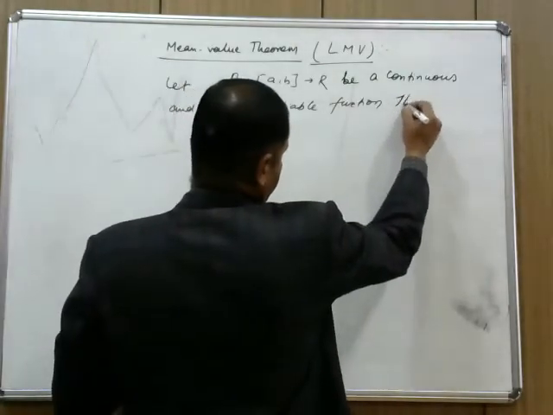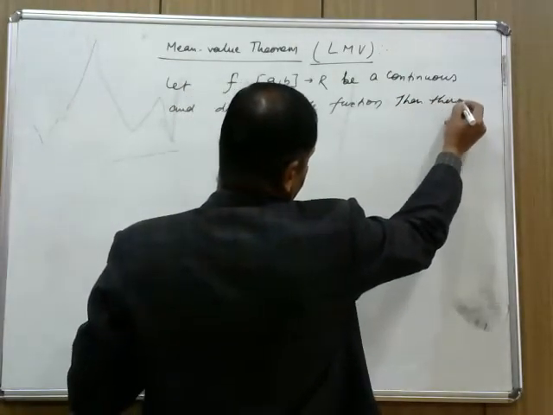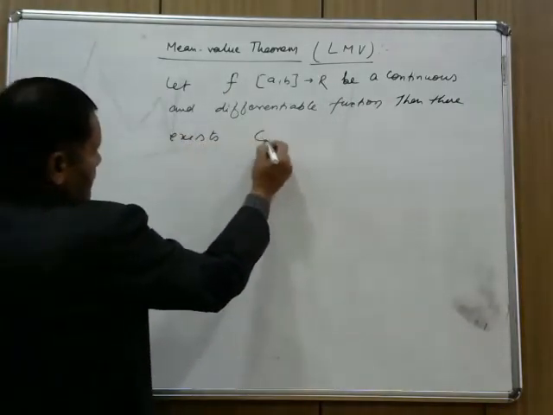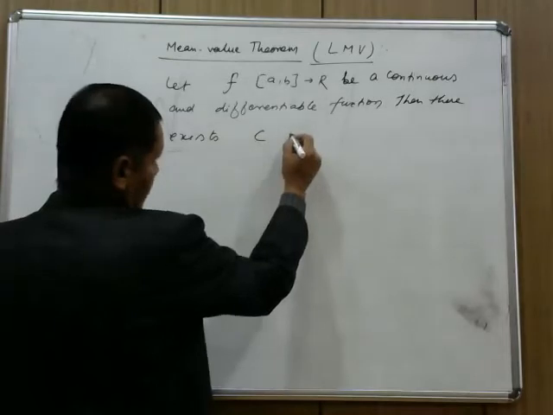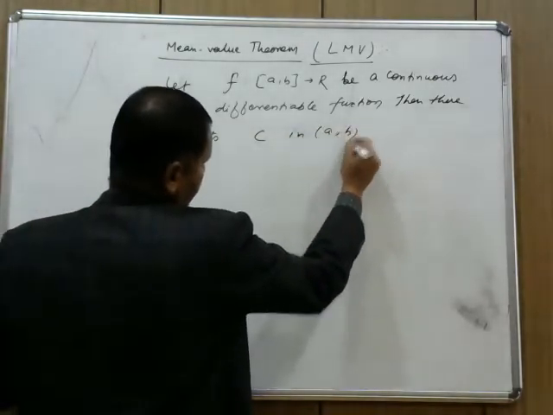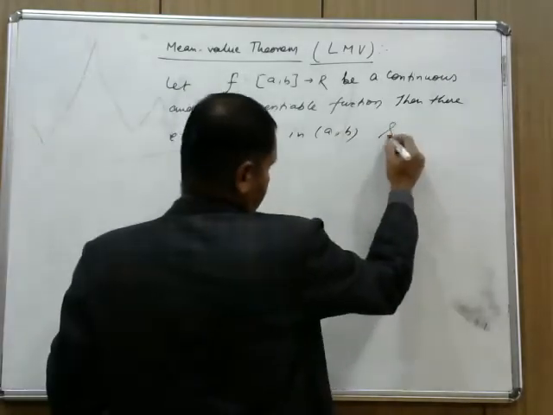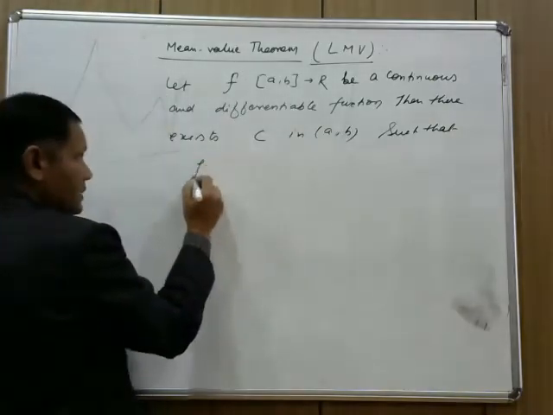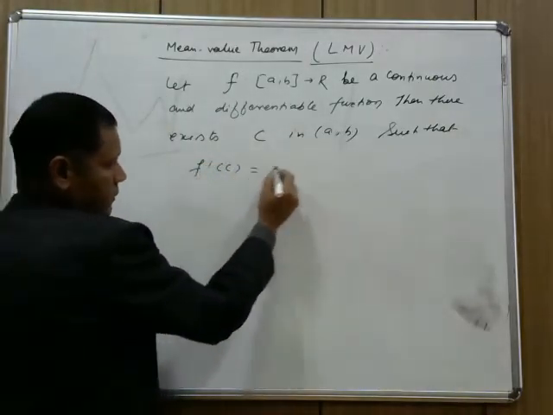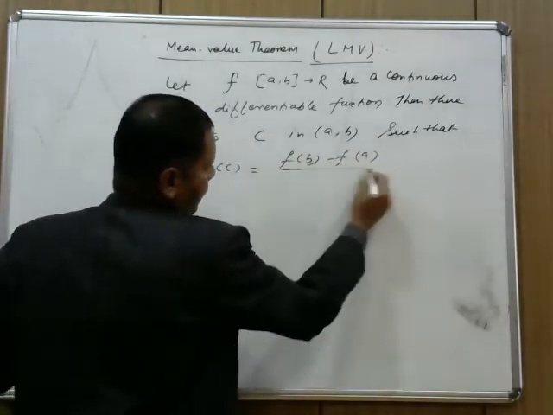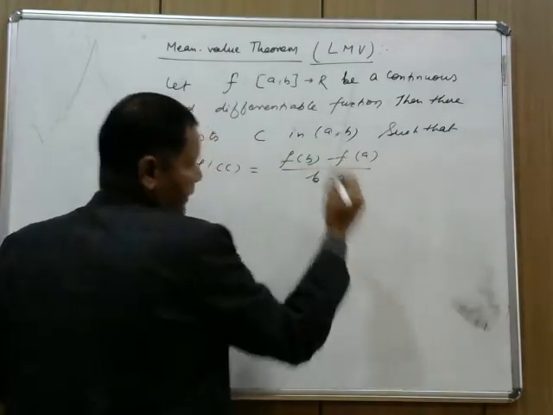Then there exists c in (a, b), in between a and b, such that f dash of c is equal to f of b minus f of a upon b minus a.